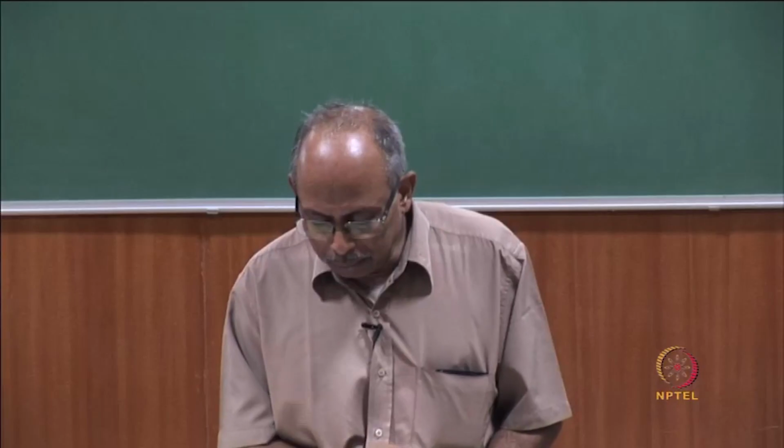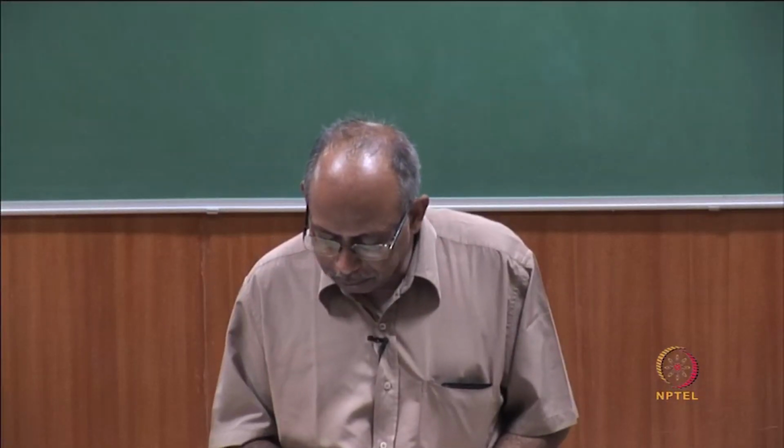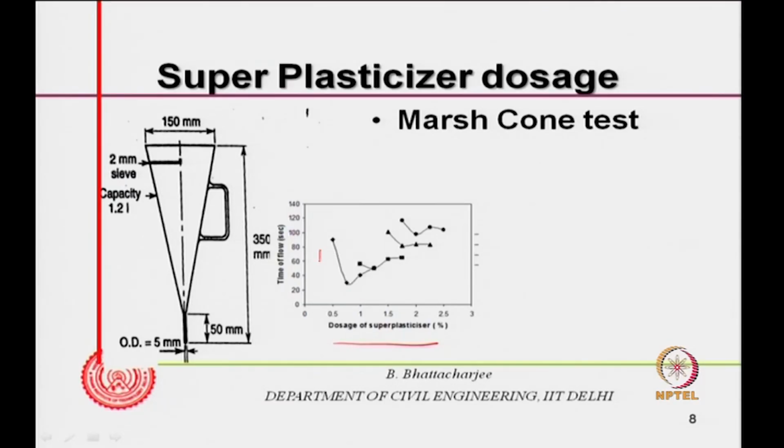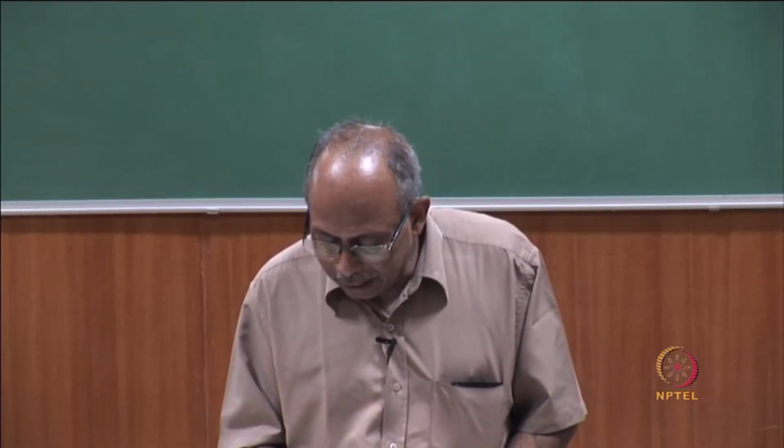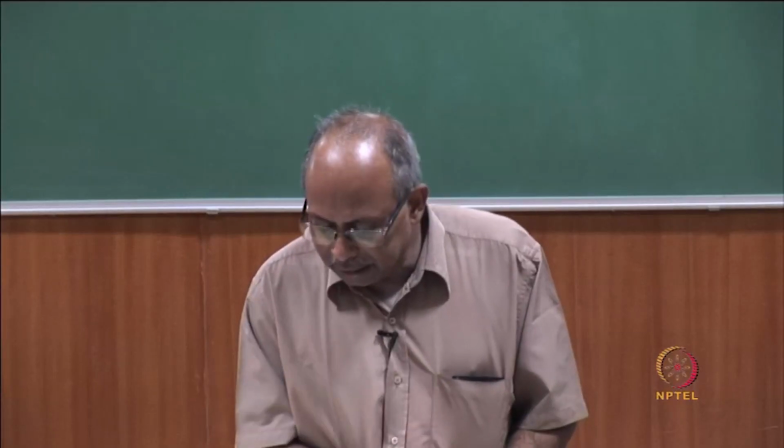You might do it in the paste, and change the dosage of superplasticizer, and you can see the time of flow reduces as you increase your superplasticizer dosage. So, if the time is low, it means flow is better.